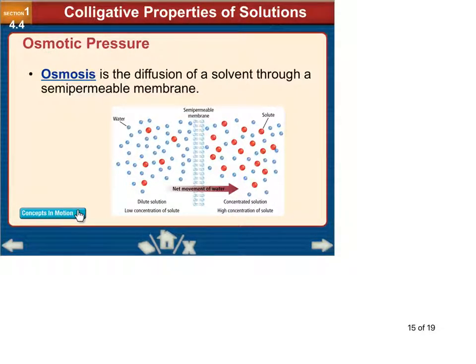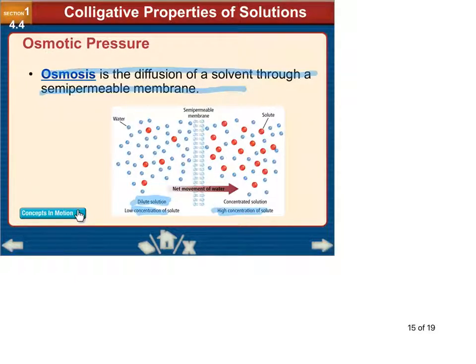Osmotic pressure. Osmosis is the diffusion of a solvent through a semi-permeable membrane. We have a semi-permeable membrane here, and we have water. On one side we have a dilute solution, low concentration.